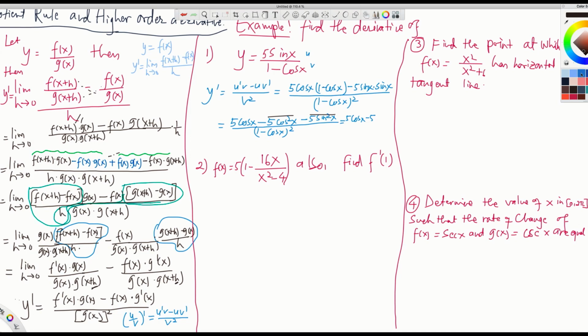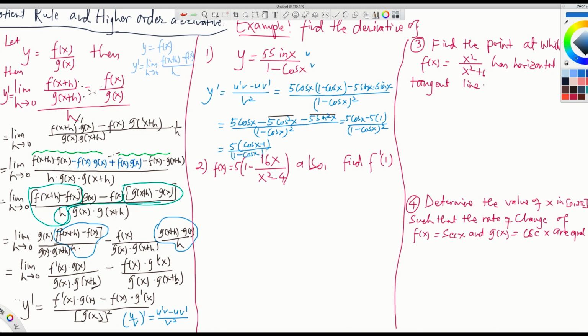But the value of cosine square x plus sine square x is 1. And divide by 1 minus cosine of x, squared. Let me take 5 out as well, because there is 5 cosine x minus 5. So if I take 5 out, you will get cosine of x minus 1 divided by 1 minus cosine of x, squared.